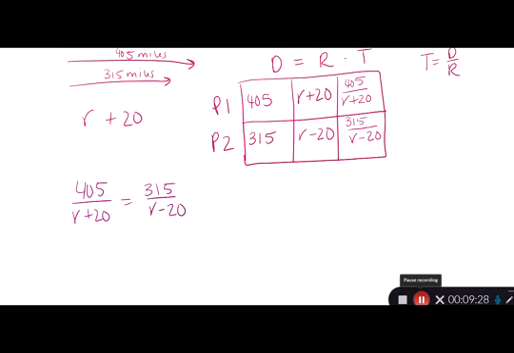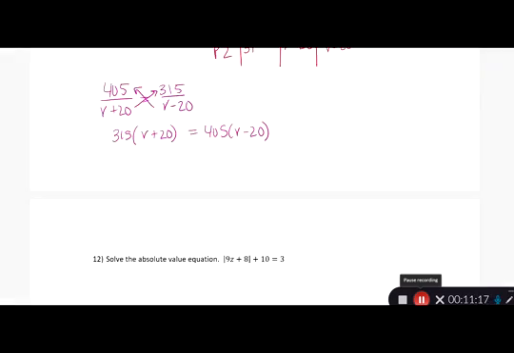And this one we actually don't have to get an LCD because it's a proportion, so we can just cross multiply when it's one fraction equals another fraction. So 315 times r plus 20 equals 405 times r minus 20. Okay, so now we need to distribute both of these into the parentheses.